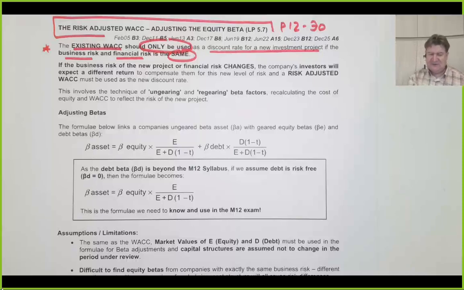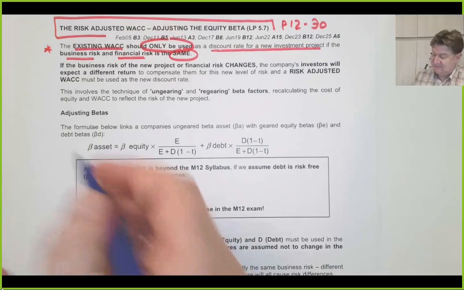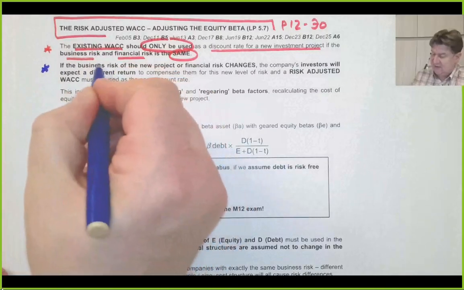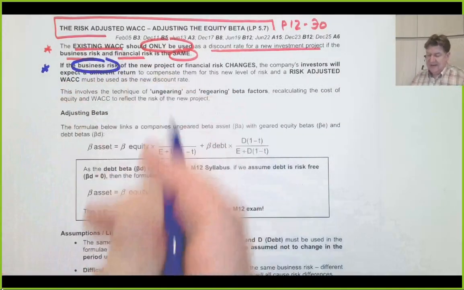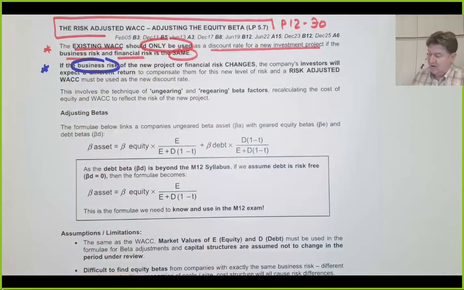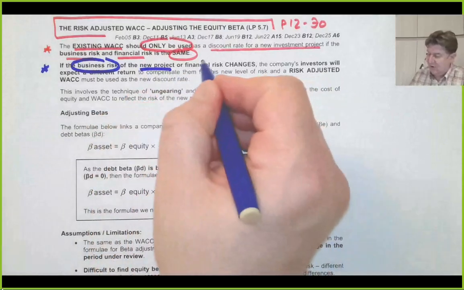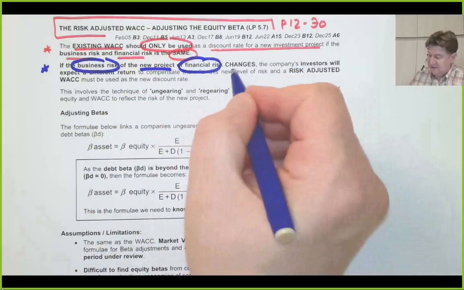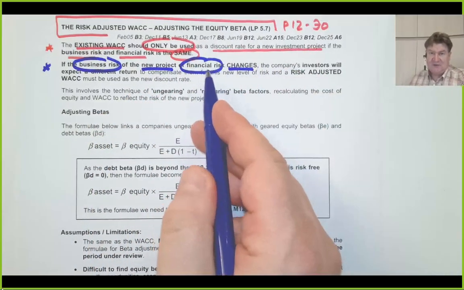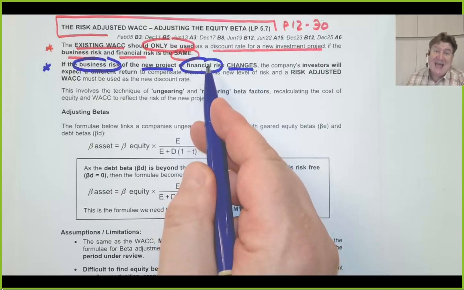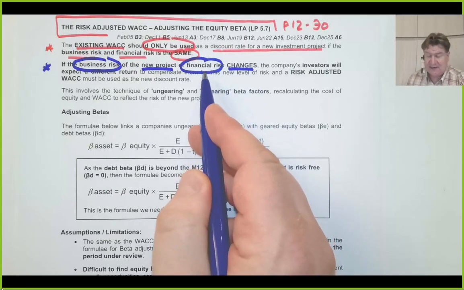It means that what you need to look out for in the exam is not only the business risk. What you need to look for is either if the business risk of the new project or the financial risk changes. Financial risk we're going to see has to do with debt to equity. So debt to equity is given as a financial risk.